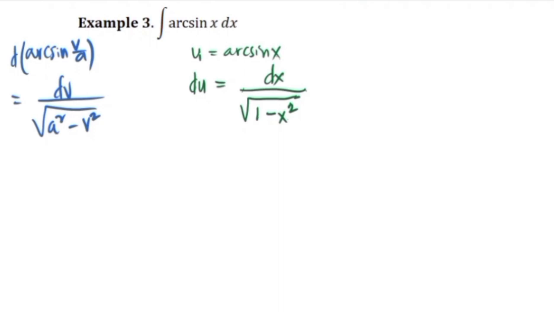So in this case, if this is arc sine of x, meaning that is x over 1, so your v is x and your a is 1. So we have dv is dx and your a is 1 minus v, so that's x squared.